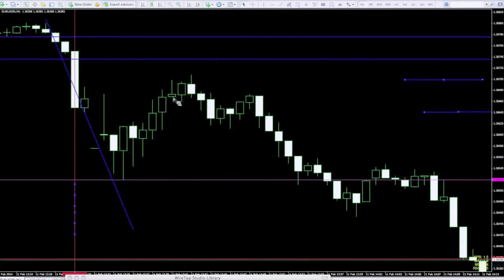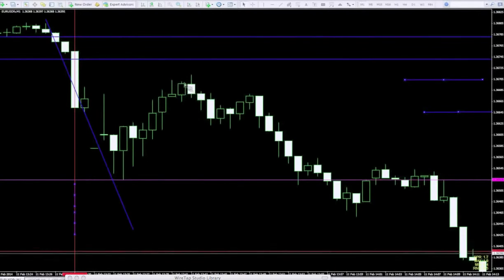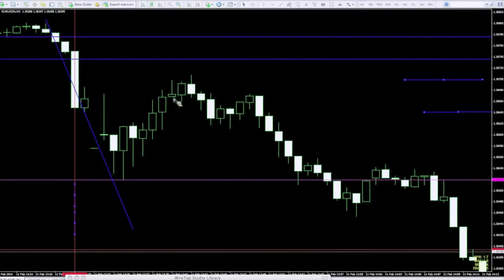The other way we could have entered this trade is with this price trap. And remember I said what I'm teaching you is fractal. It's the same on every time frame. So here we have our candle, and it's followed by 2 candles that could not close above this high or close below this low.